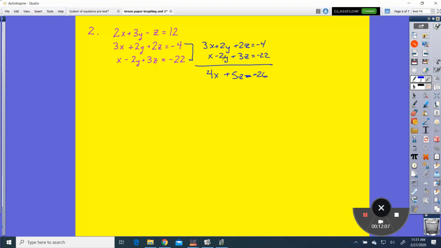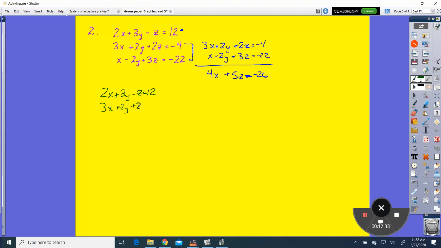Okay, so I've got rid of the y's, but now I need to use this third equation that hasn't been used so far. And I want to combine it with one of the others to get rid of the same variable, which is y. So I look at this and I say, man, these are not going to go away if I add them together right now. So I'm going to write them down. So these are the two that I'm working with.